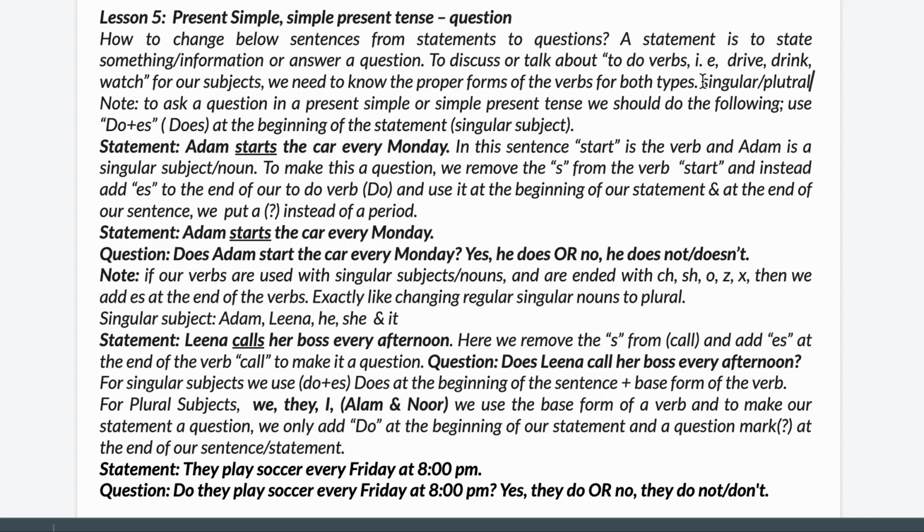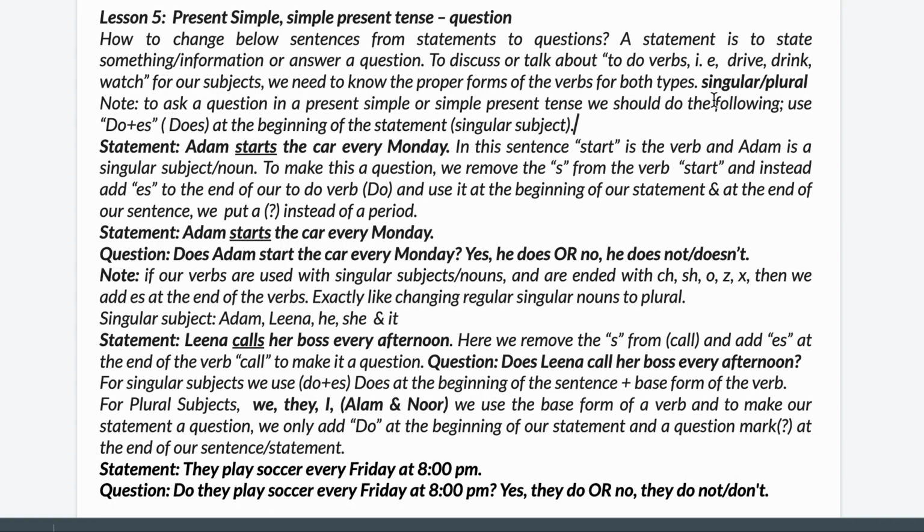So for these two, we need to know the proper forms. Okay. So we need to know how to make a statement and then how to make it a question. So first we make a statement and then how to make it a question.